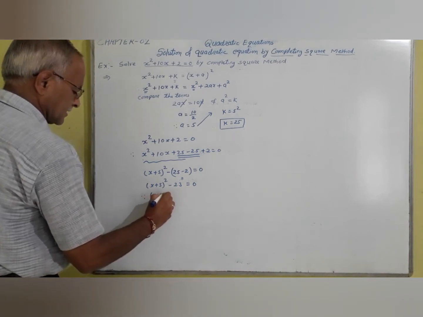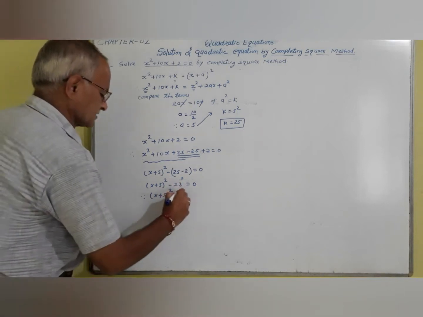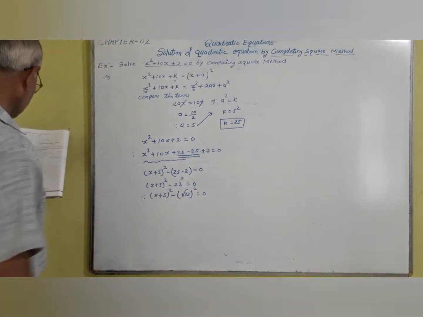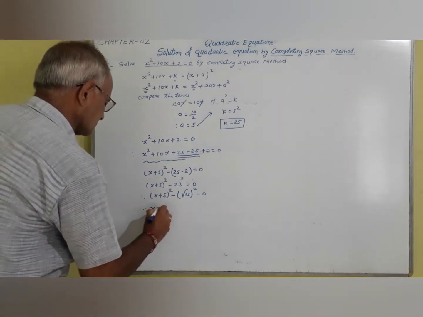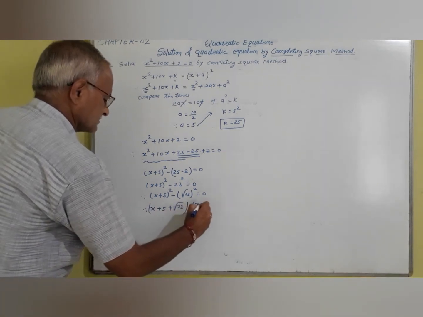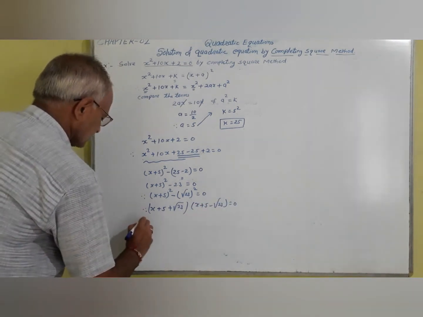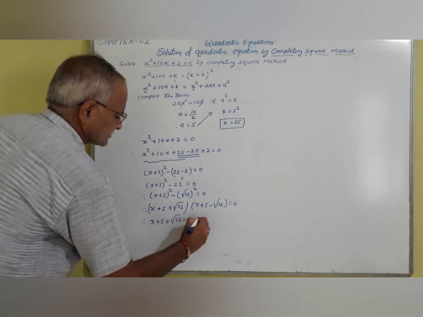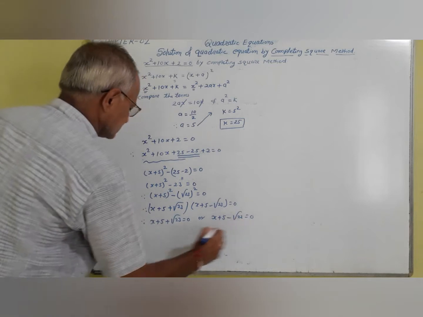Now x plus 5 whole square minus 23 is a difference of squares: x plus 5 whole square minus square root of 23 whole square is equal to 0. Now it has two factors. One factor is x plus 5 plus square root of 23, and another factor is x plus 5 minus square root of 23, is equal to 0. Therefore, x plus 5 plus square root of 23 is equal to 0, or x plus 5 minus square root of 23 is equal to 0.